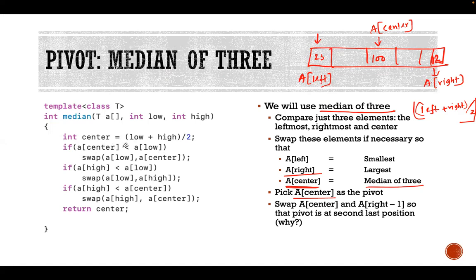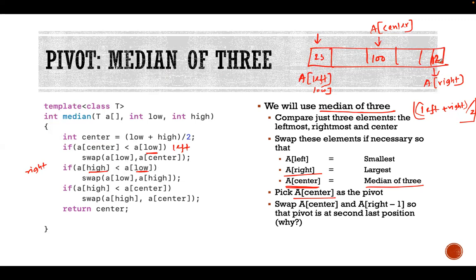For example, if a[center] is less than a[low], we're using different names here: low means left, high means right, and center means center. So if a[center] is less than a[low], we are going to swap these two values. If a[high] is less than a[low], we're going to do the swapping.